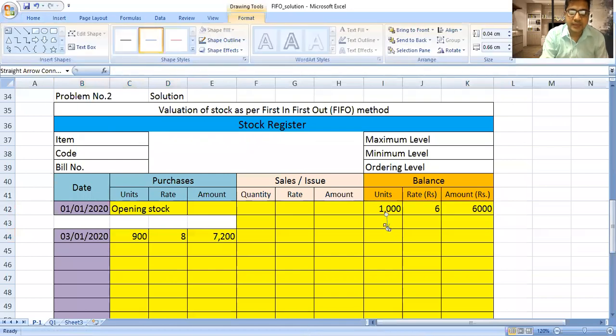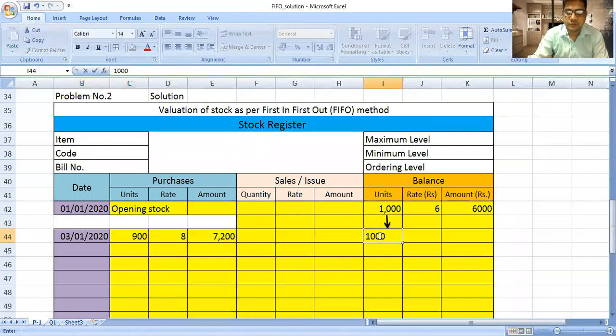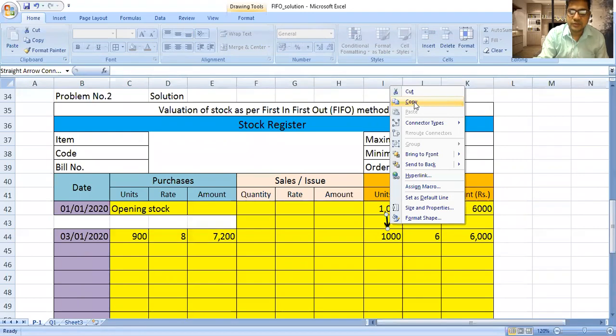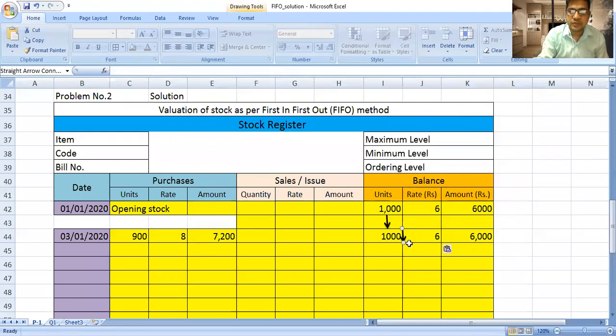We have to show 1,000 units at 6 and their value is 6,000. Same things we have to keep as it is because there is no change. We keep the units as it is, their value as it is, and their rate as it is.